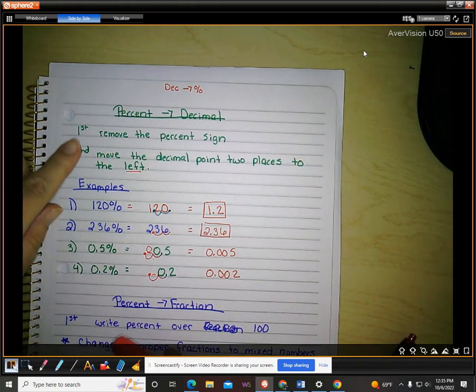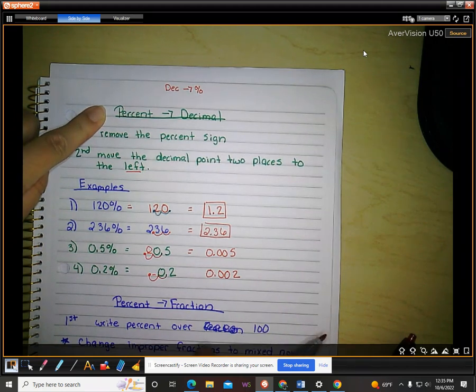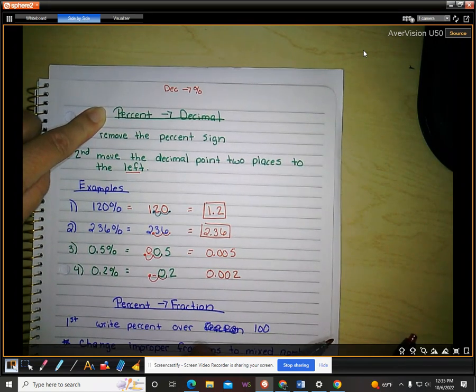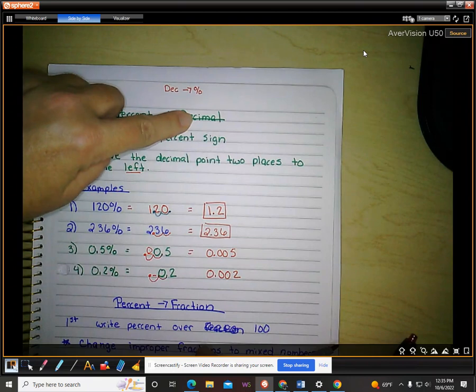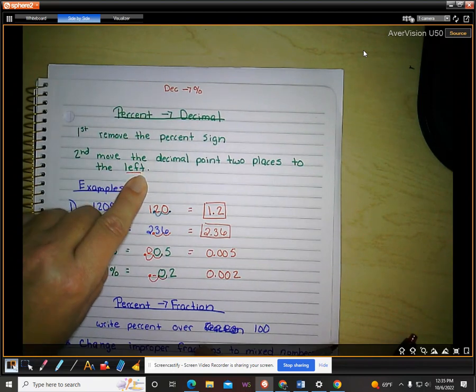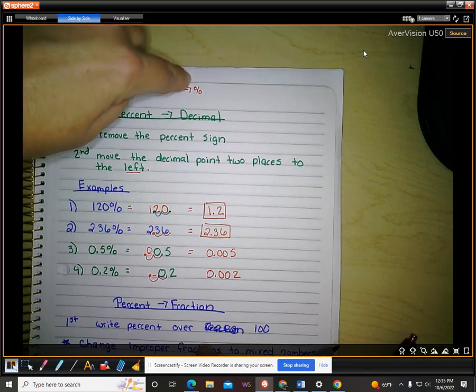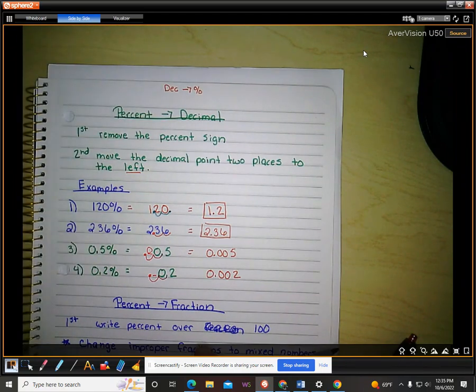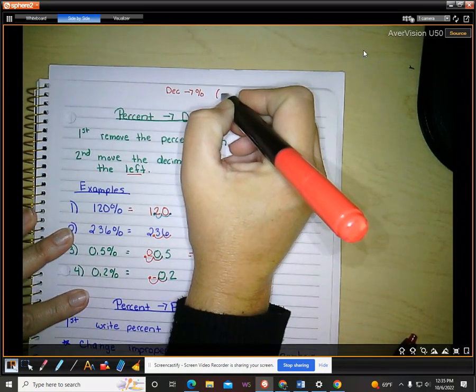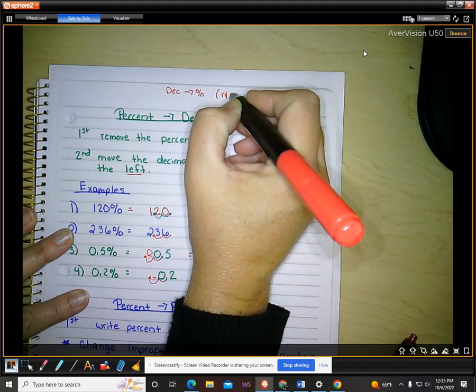Okay, I'll say that again. I know I at least have 2 gentlemen that weren't even close to paying attention. Percent to decimal. We move to the left 2 places. What do we do when we're going from a decimal to a percent? Leah? Right, okay. Yes, we go to the right 2 places.